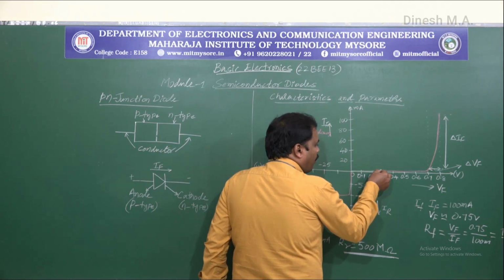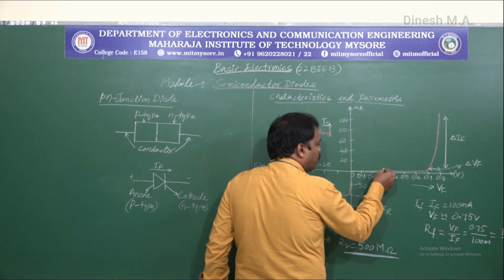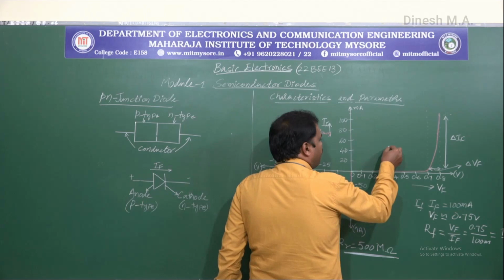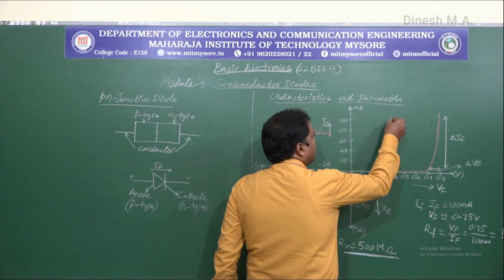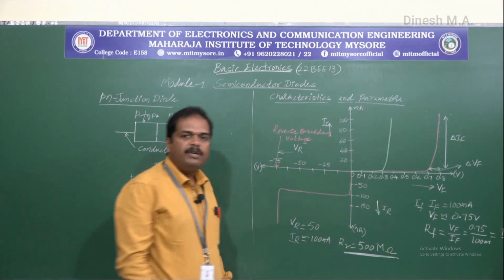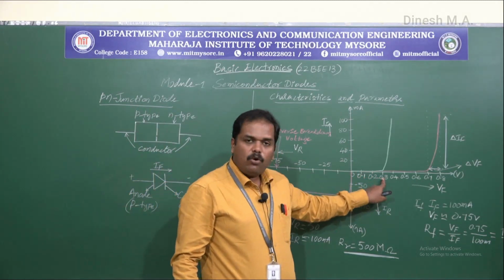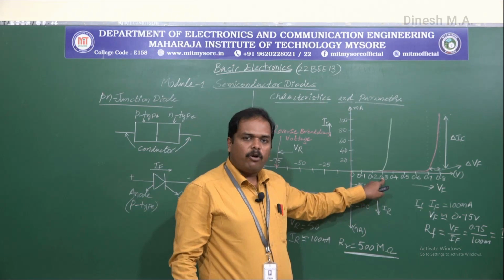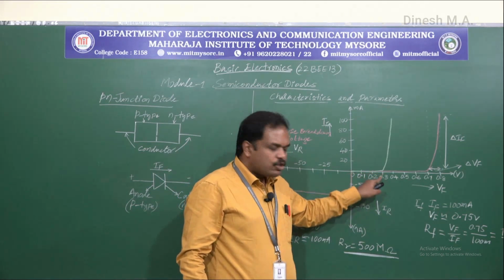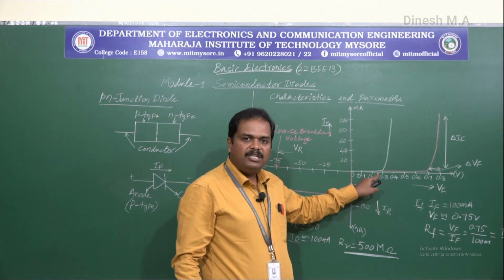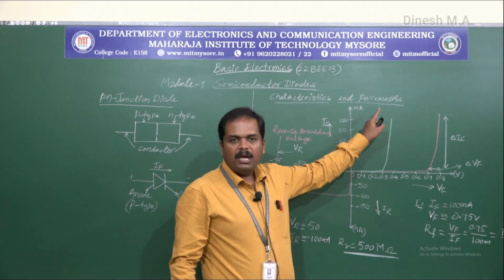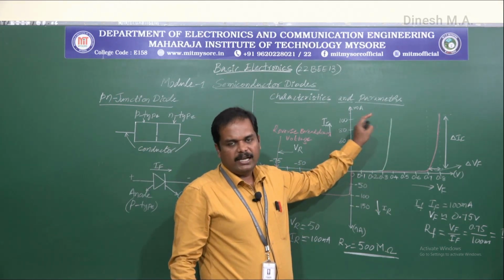As soon as the forward voltage crosses 0.3 volts, again there will be an increase in IF. So the knee voltage of a germanium diode is 0.3. As soon as we cross 0.3 in any germanium diode, there would be IF flowing through the diode.